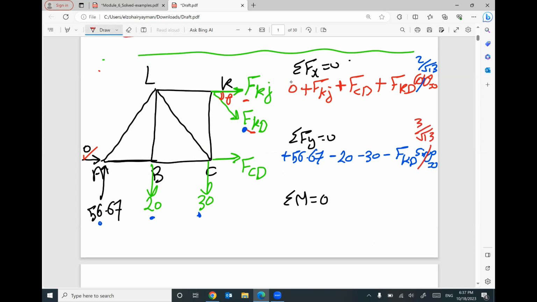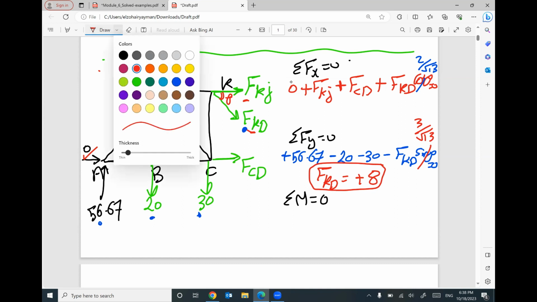The only unknown in this equation is FKD. I can figure it out. So FKD will be 56.67 minus 20 minus 30, your value will be positive, divided by 3 divided by square root of 13. Your value will be 8, positive.